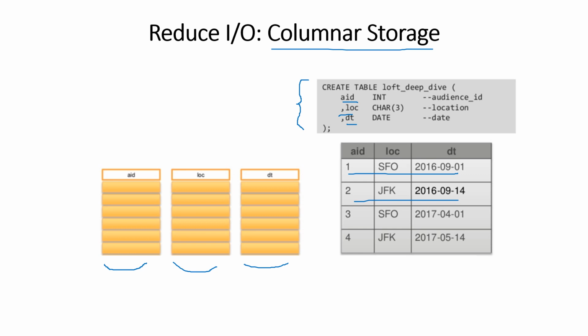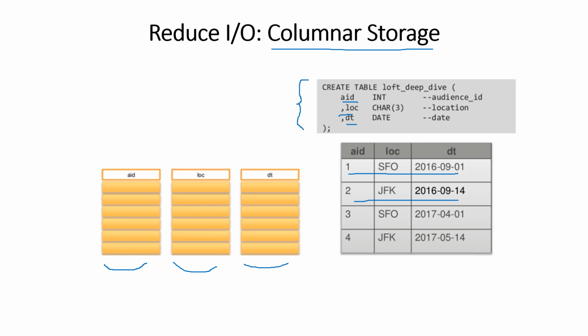In row storage, for retrieving data, it's required to read the entire row, and this causes too many unnecessary IOs. In columnar storage, each data block holds column field values 3 times more than row-based storage, which leads to fewer IOs.